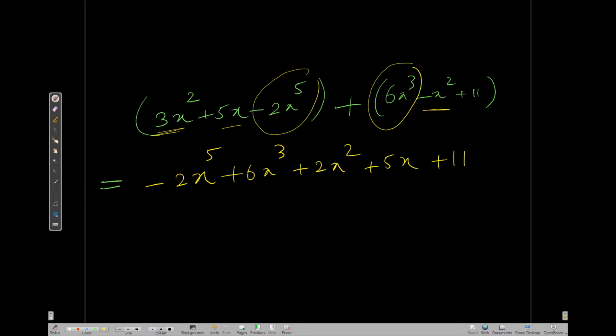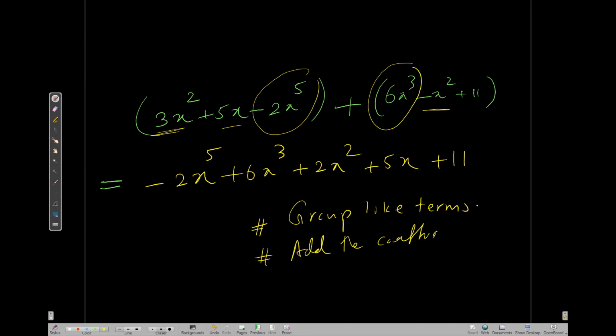That's how you add. So what you did was, if I write down steps, group like terms. That's what you did first. And then add the coefficients. Now if I break it down, first, negative 2x to the fifth, you don't see any in the second term.